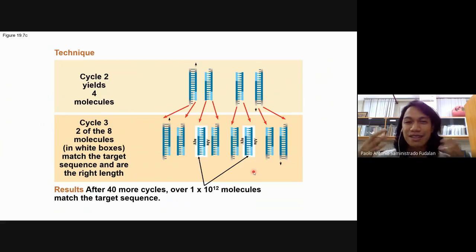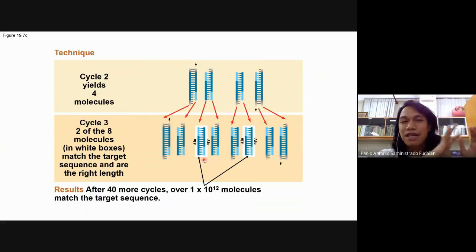So this is what we call gene amplification, and that is the goal of your PCR. So from DNA isolation, you wanted a specific gene, the allele in chromosome 16. You do PCR, you now have 1 times 10 to the 12 copies of your allele, not of the whole DNA, not of the entire DNA. So that is quite amazing.